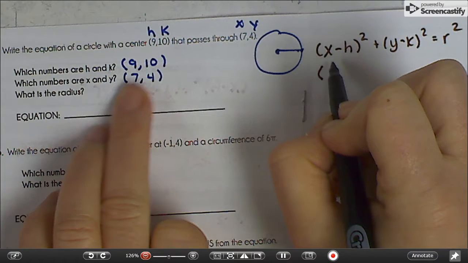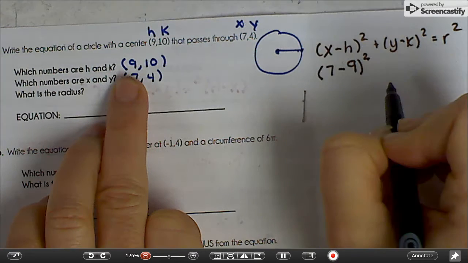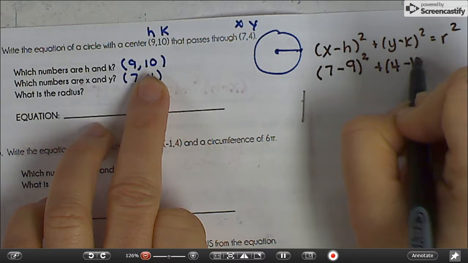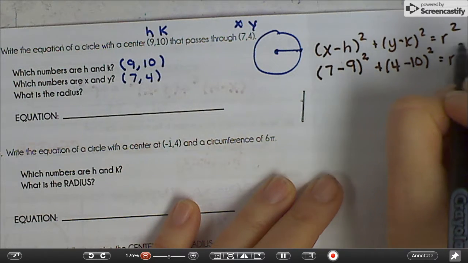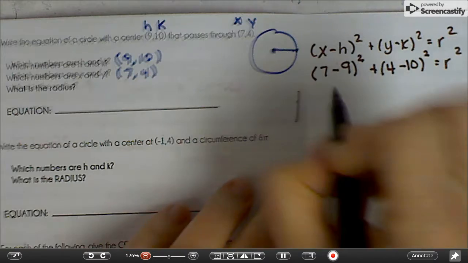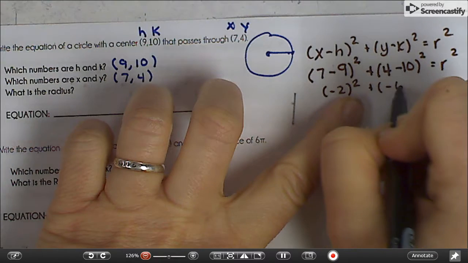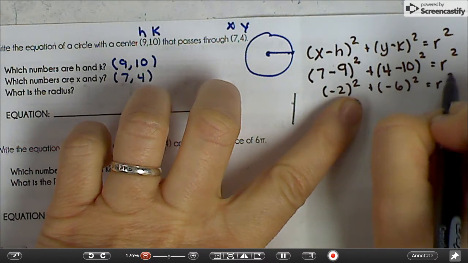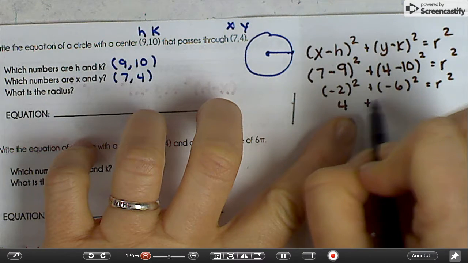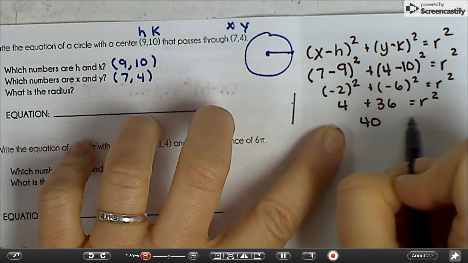We know x is -7, minus h, squared, plus y, 4, minus k, 10, squared equals the radius squared. So that's going to be (-16)² plus (-6)². So 256 plus 36, and that equals 292.